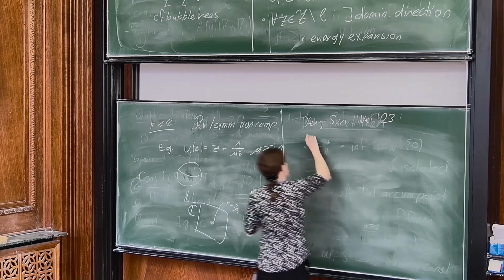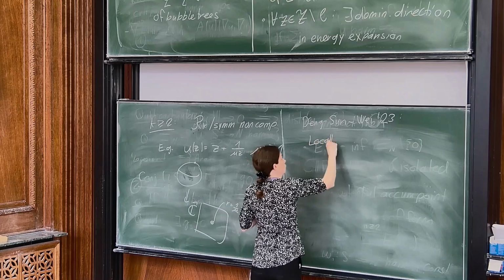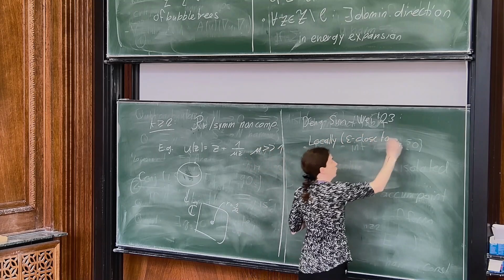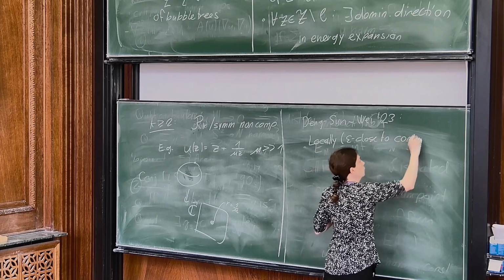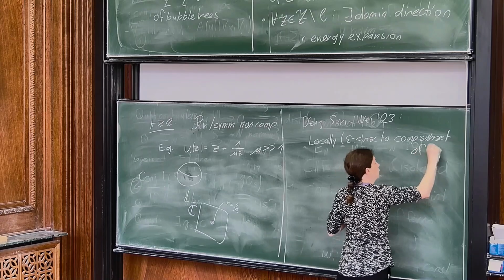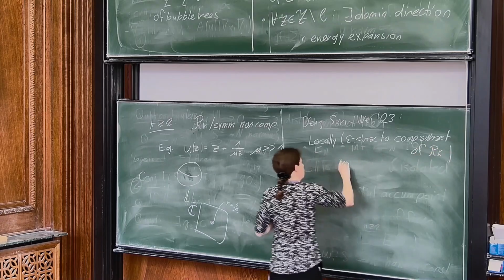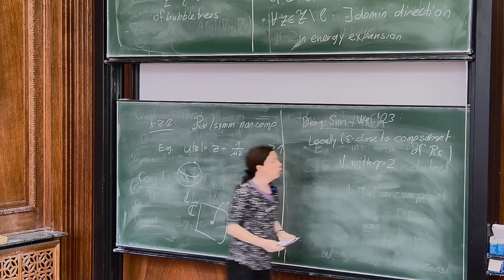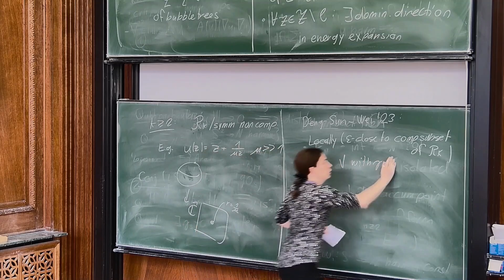So there's locally, i.e. epsilon close to critical to a compact subset of RK. It's still okay with gamma equals 2. Globally, a half.